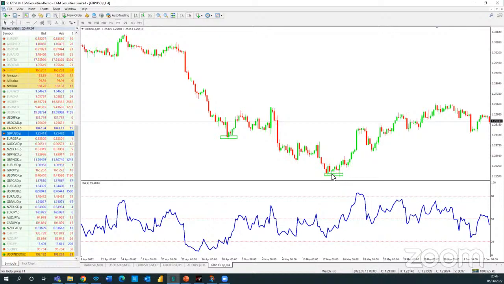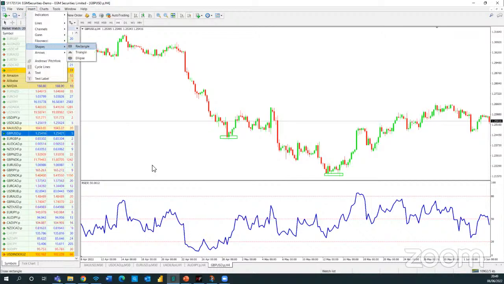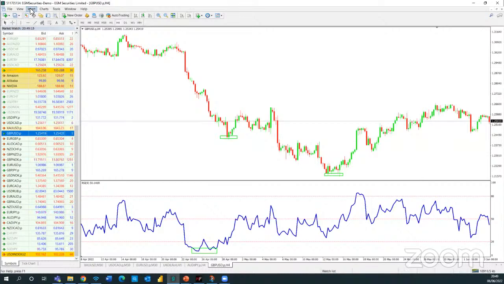Right. Now, looking at the RSI down there, this was the swing low, right? And then the next one, the low point wasn't lower than the previous one.